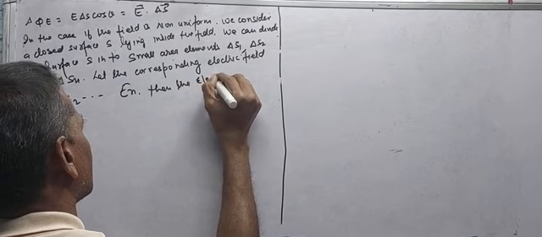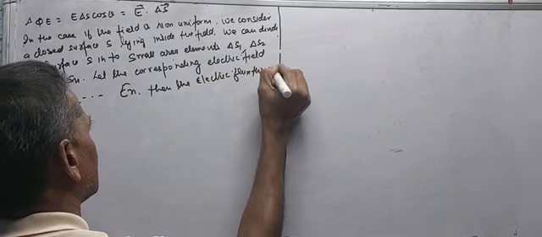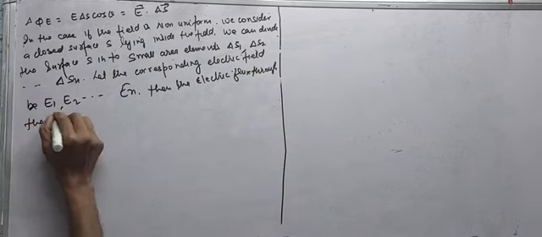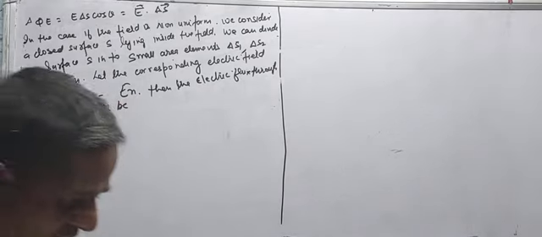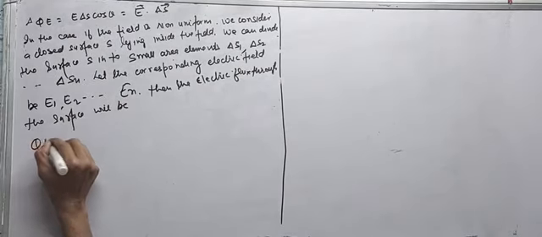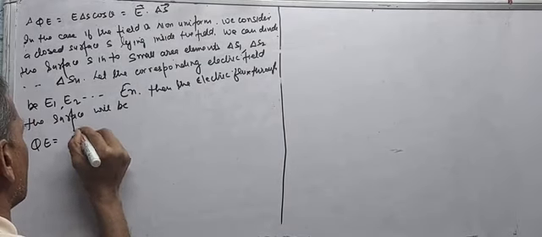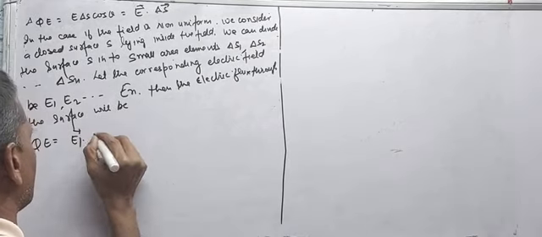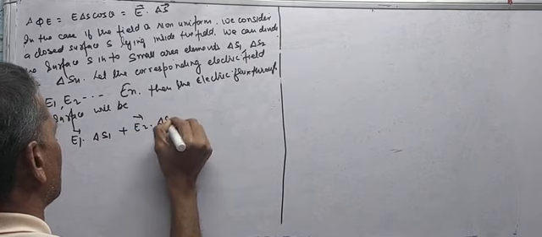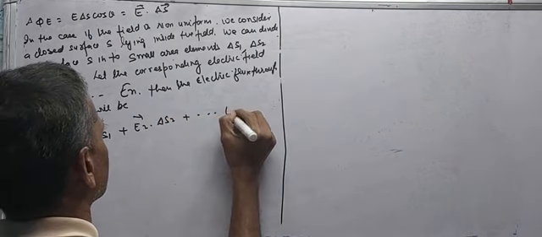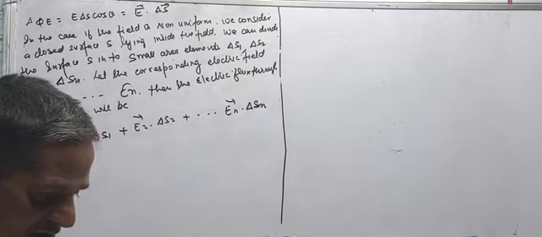Then the electric flux through the surface will be phi E equal E1 vector dot delta S1 plus E2 vector dot delta S2 plus ... En vector dot delta Sn.